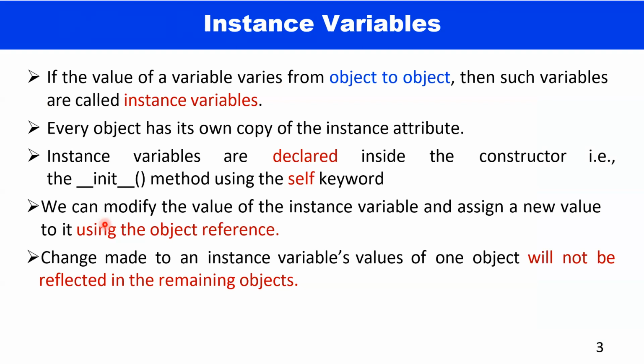Once you define the instance variable, we can modify it by using the object reference if you want to assign a new value. The change made to an instance variable value of one object will not reflect in the remaining objects.